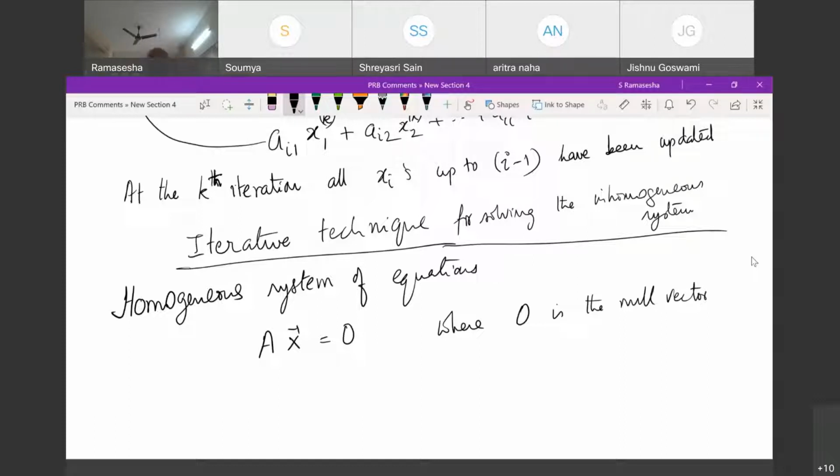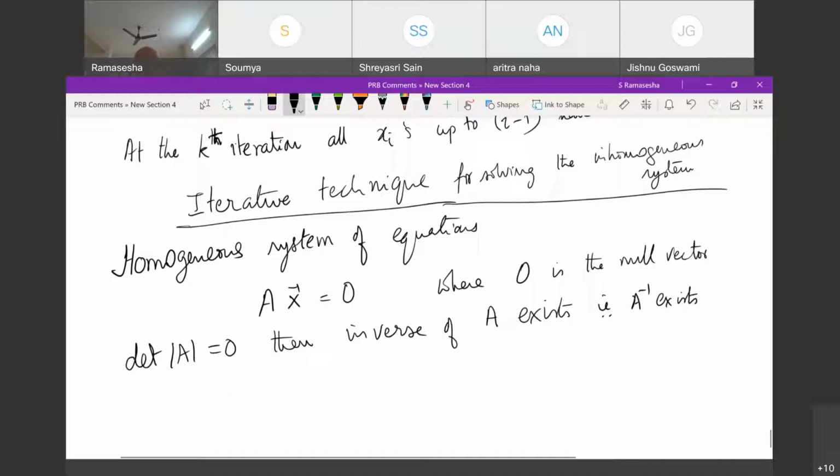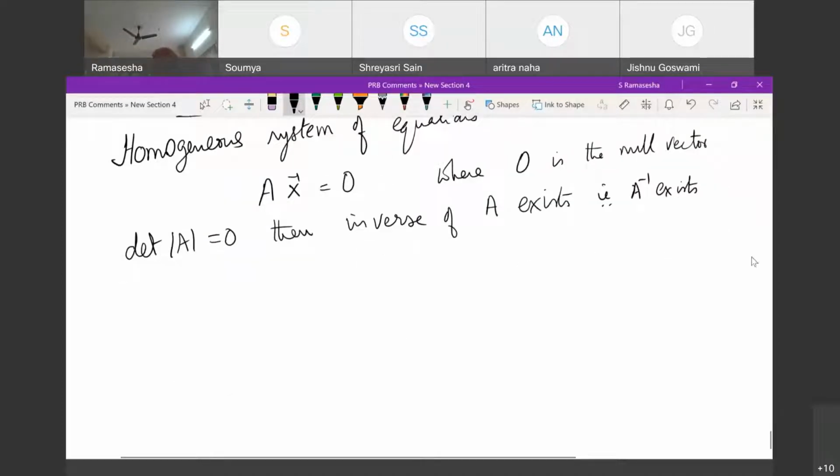If determinant A is equal to 0, then inverse of A exists. Sorry, determinant A not equal to 0, you are right.